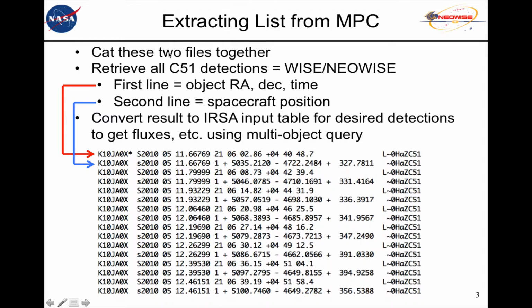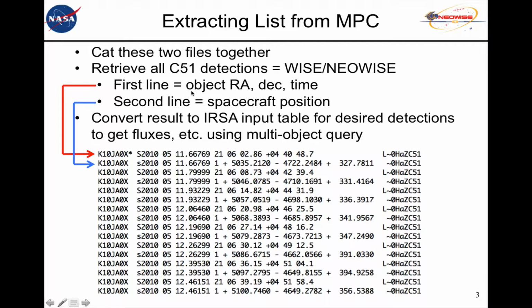Once you combine the files that you want to search together, you can retrieve the WISE observed detections using the observatory code given to the Wide Field Infrared Survey Explorer spacecraft, C51. For the entries in these text file databases, those are the last 3 digits in the final column.